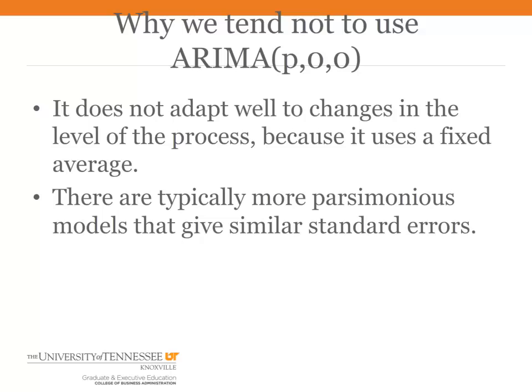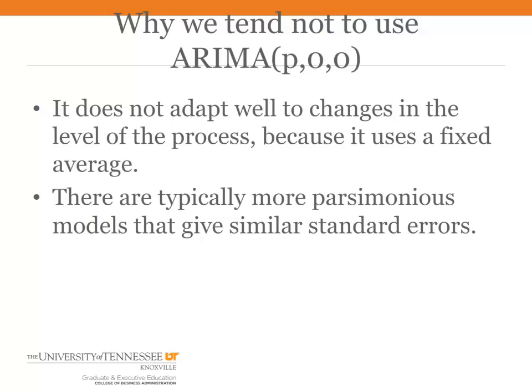So the ARIMA P00 or the ARIMA 100 in particular might be suitable for processes that are stable, like chemical processes or those kinds of things that you might encounter in operations. But in general in business, we will tend not to use that model.